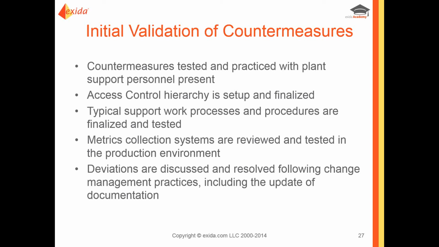In some cases, it will prevent certain traffic, but there you need to make sure that it's configured properly and working properly. You want to make sure that the access control hierarchy is set up and finalized.